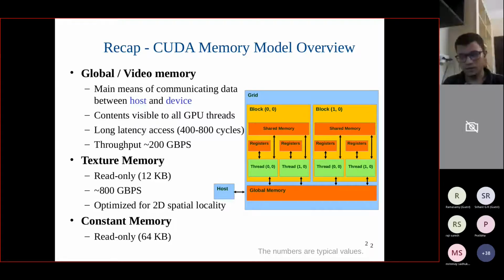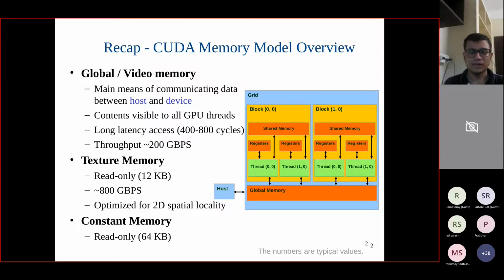Even though latency is higher for the GPU, so the GPU takes more time to access global memory for one particular operation, in general the GPU can do multiple accesses to global memory at the same time, and hence the throughput is larger.